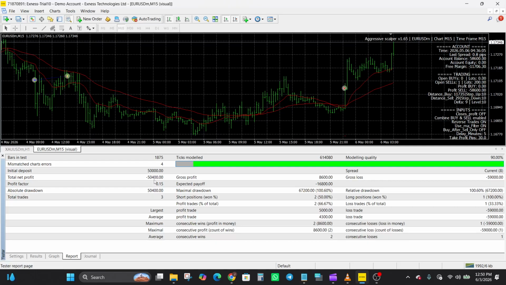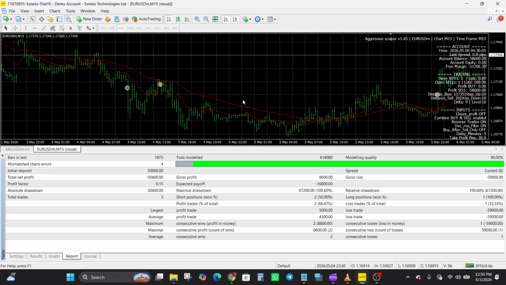So the account basically got blown, and well, total trades taken, we have three, and largest profit was $5,000, largest loss was $59,000, average profit $4,300, average loss $59,000.